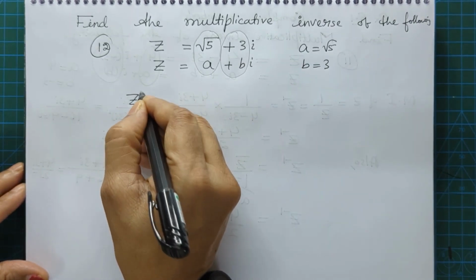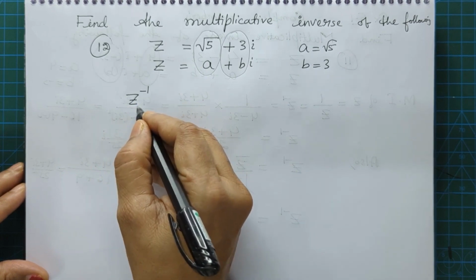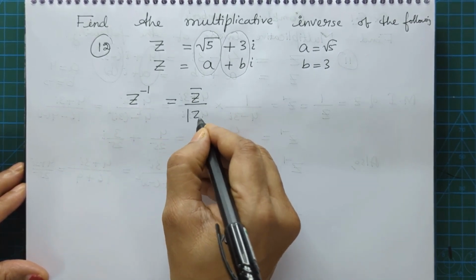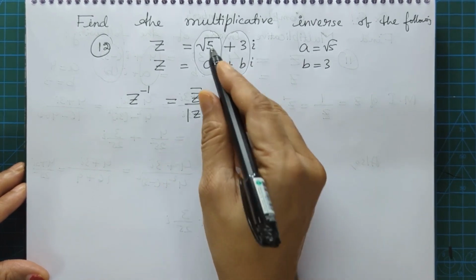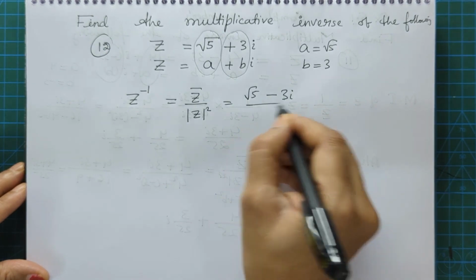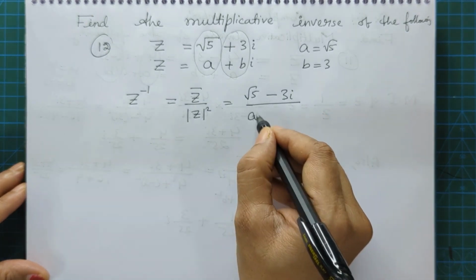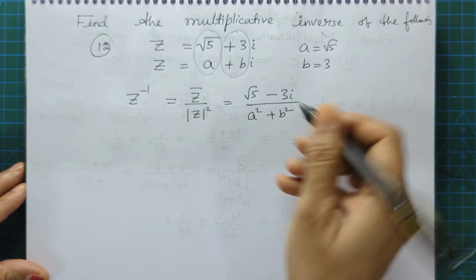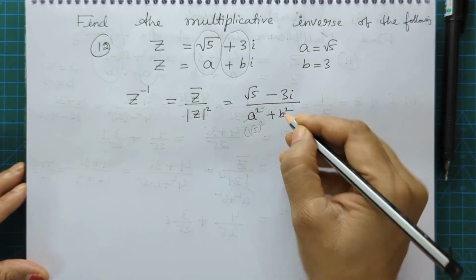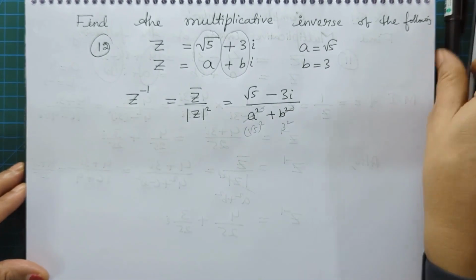The multiplicative inverse of the complex number is represented as z inverse, which is the conjugate of z by mod z square. Conjugate of this is root 5 minus 3i. Mod z square is a square plus b square, where a is root 5 square and b is 3 square.